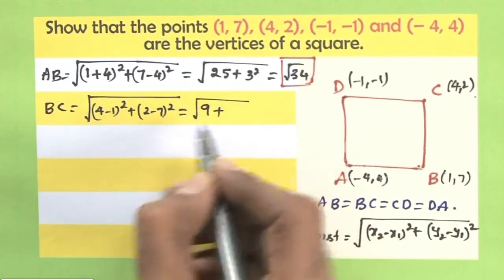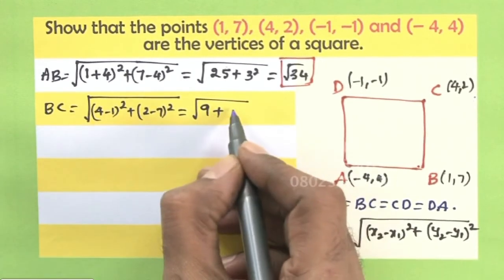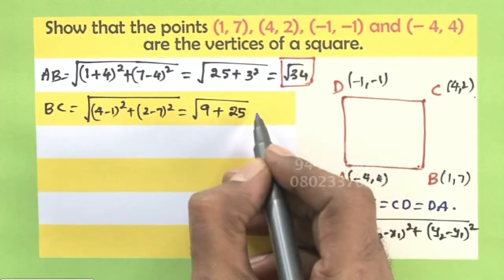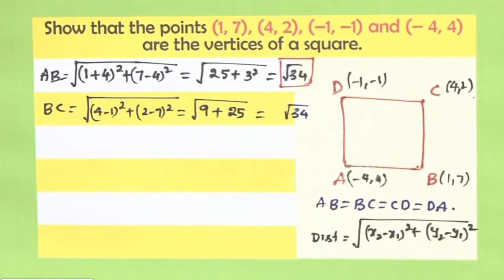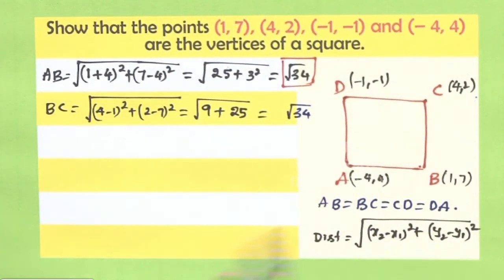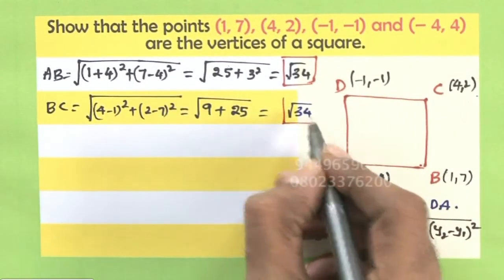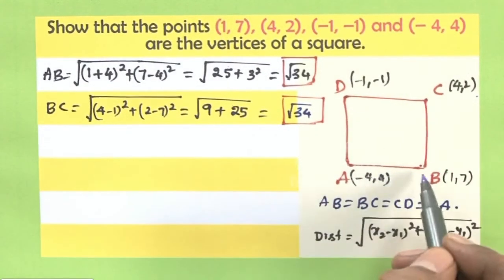Is that correct? What is 2 minus 7? 2 minus 7 is minus 5. What is minus 5 square? That is 25. So that is equal to root of 25 plus 9 or 9 plus 25. Both are equal to 34. So root of 34. Is that correct?